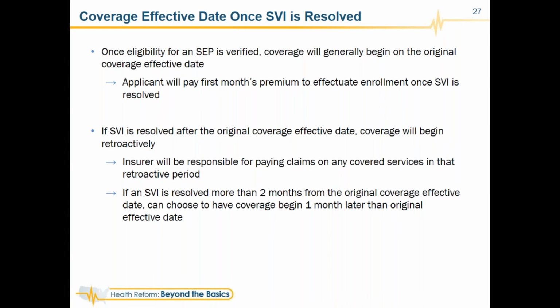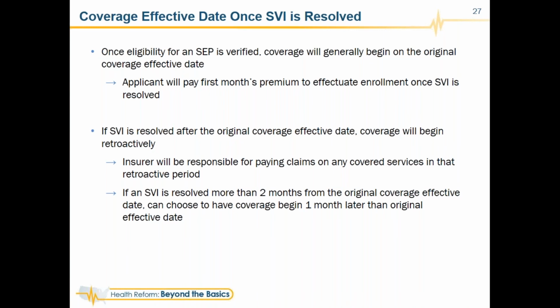Just in case folks are struggling with what this SVI acronym is that I'm using so often, SVI is when it's an SEP verification issue. That's what the letters stand for. And it's when there's an SEP that has occurred, and in this phase that we're currently in, the two that have already started include a permanent move and loss of coverage SEPs.